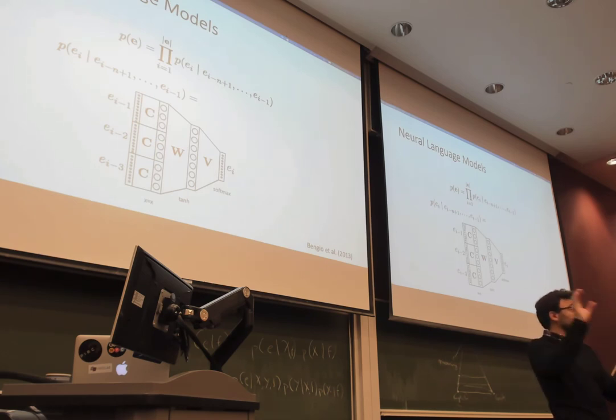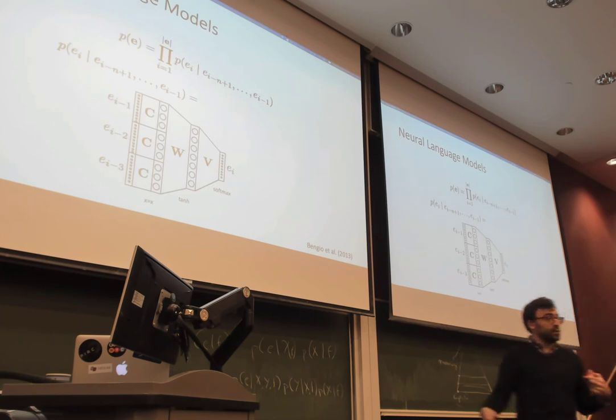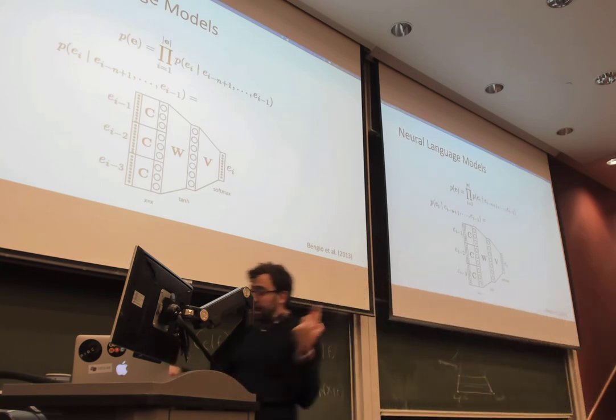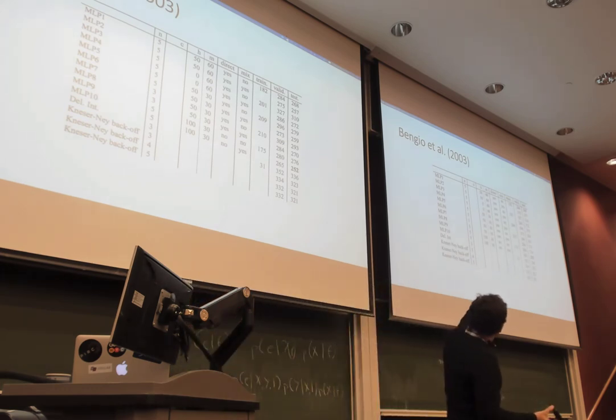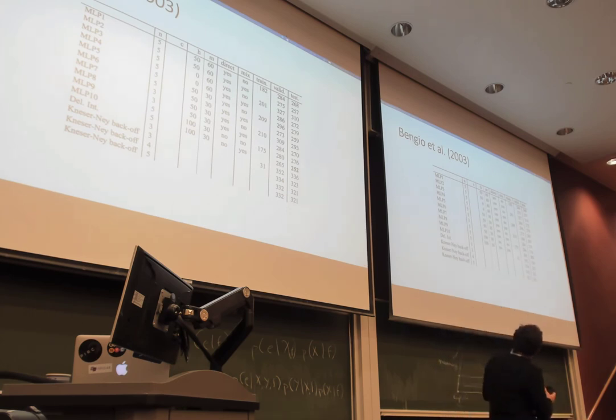Really all it was is you give it the embeddings of the 3 previous words, and it will predict the next word. And even that, at the time, did better than n-gram language models with proper smoothing, like Modified Kneser-Ney smoothing, which was the best one. So you can see the perplexity in validation and test.